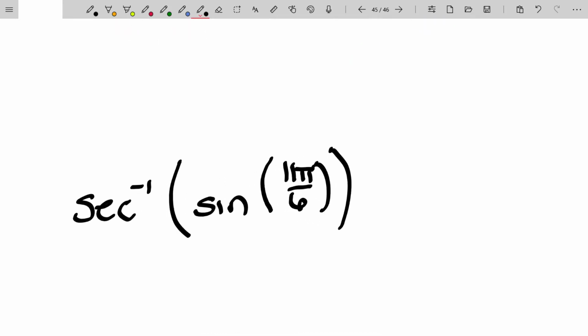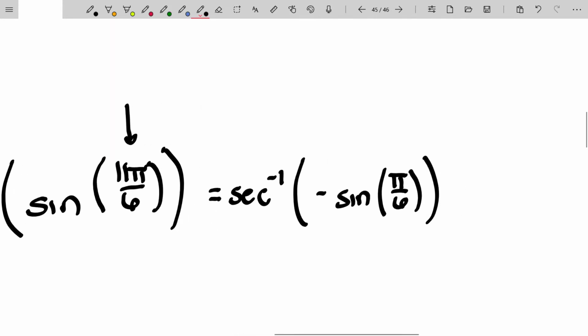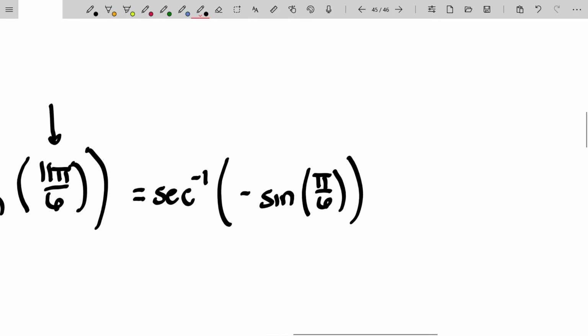So let's start by reducing this down. That's a secant inverse of sine of 11 pi over 6. Well, 11 pi over 6 is in quadrant 4, so this is going to be a negative sine of the reference angle. And sine of pi over 6 is 1/2, so that's going to be the secant inverse of a negative 1/2.